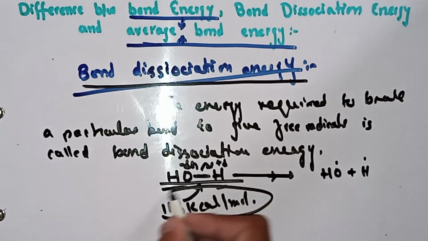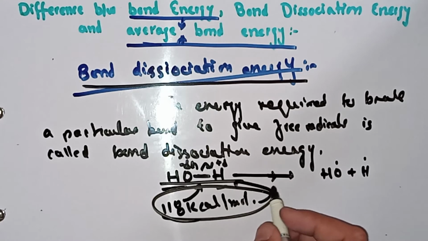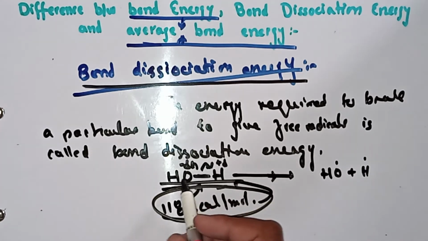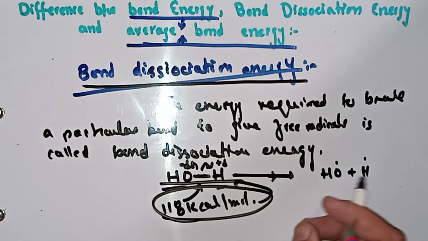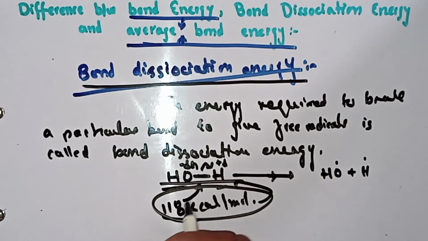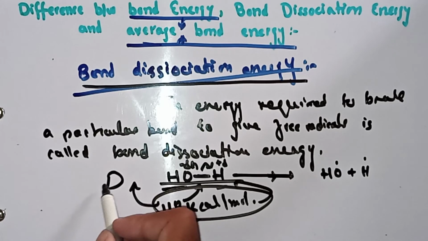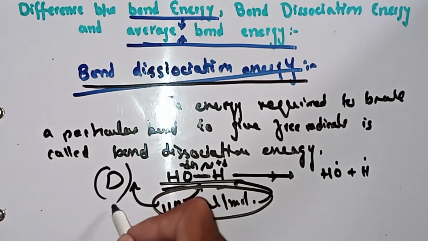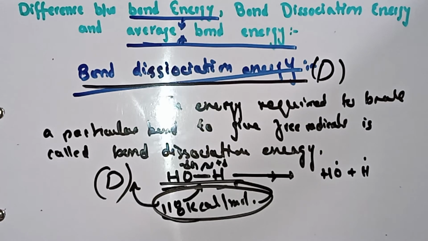This is the energy required to dissociate or break the bond between OH and H. The energy that breaks this bond is called bond dissociation energy, and it is represented by capital D. Bond dissociation energy is represented by capital D. Is that clear?